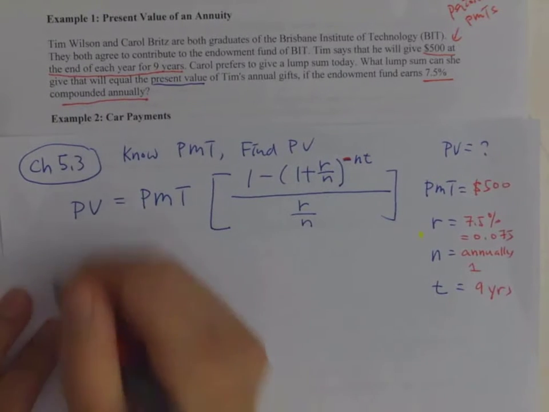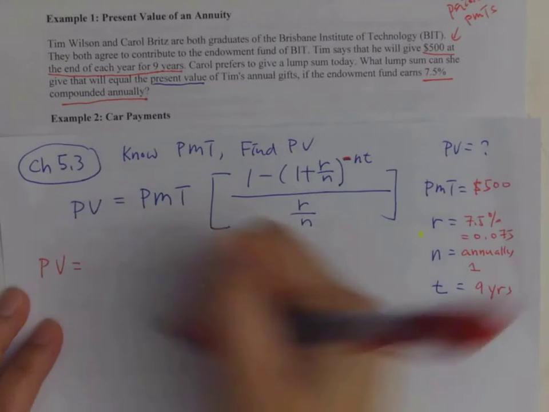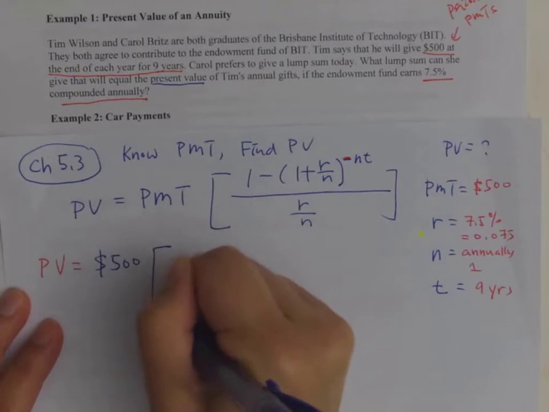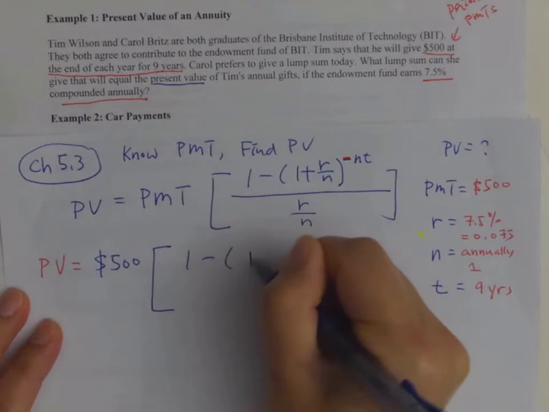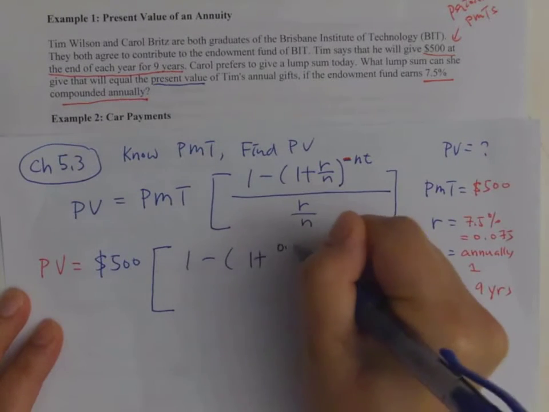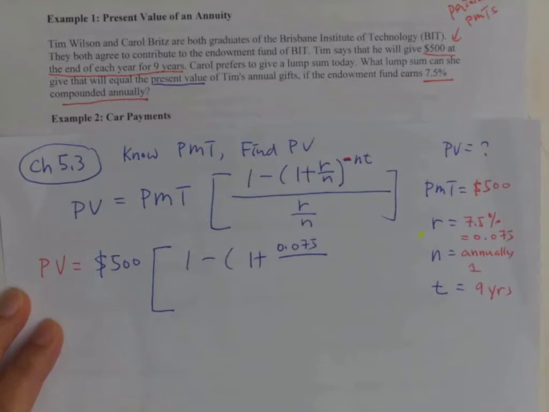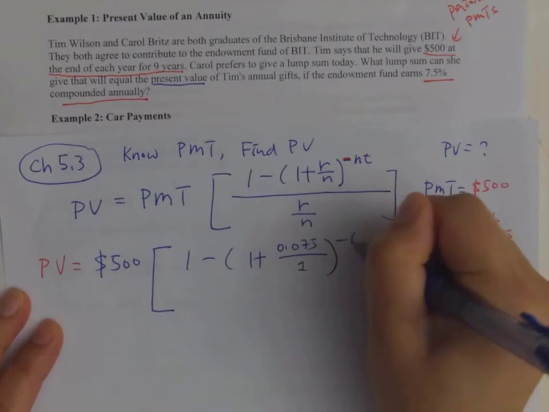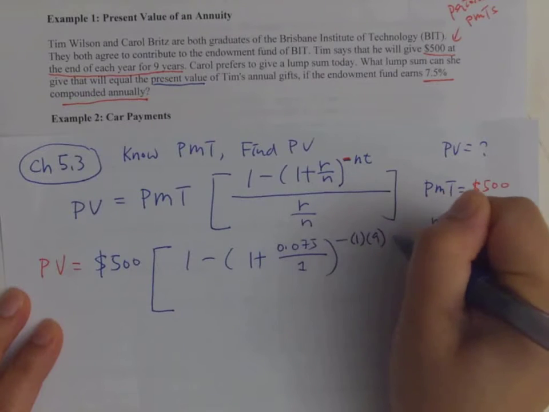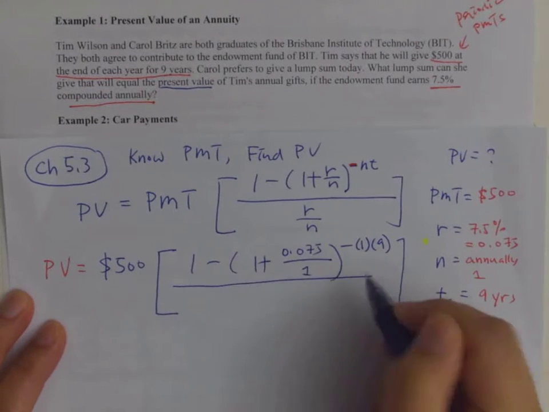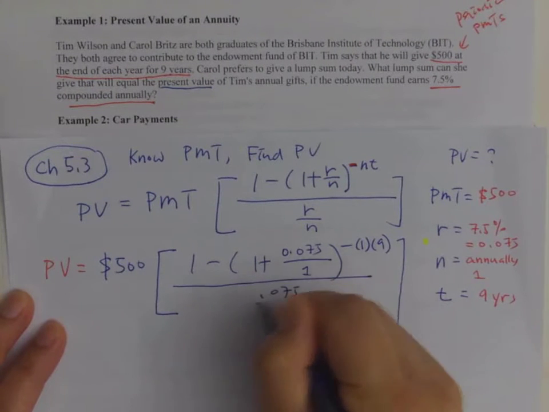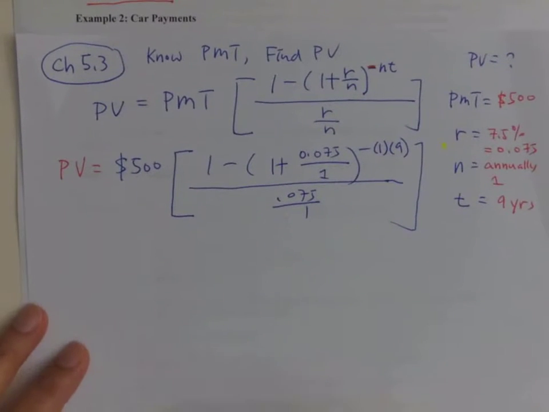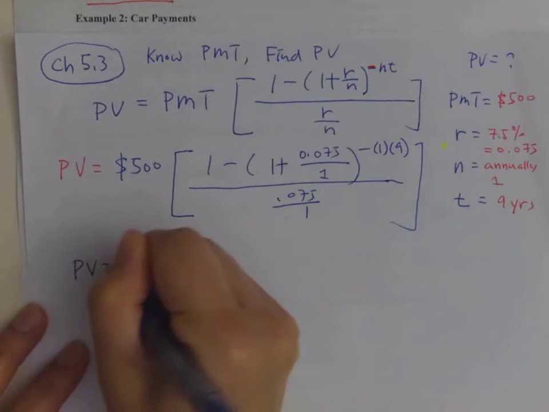Those are my information. I'm going to plug it into my present value formula. My payment is $500 times 1 minus 1 plus 0.075 divided by 1, raised to negative 1 times 9, all divided by 0.075 divided by 1. Compounding annually makes this a little bit cleaner.